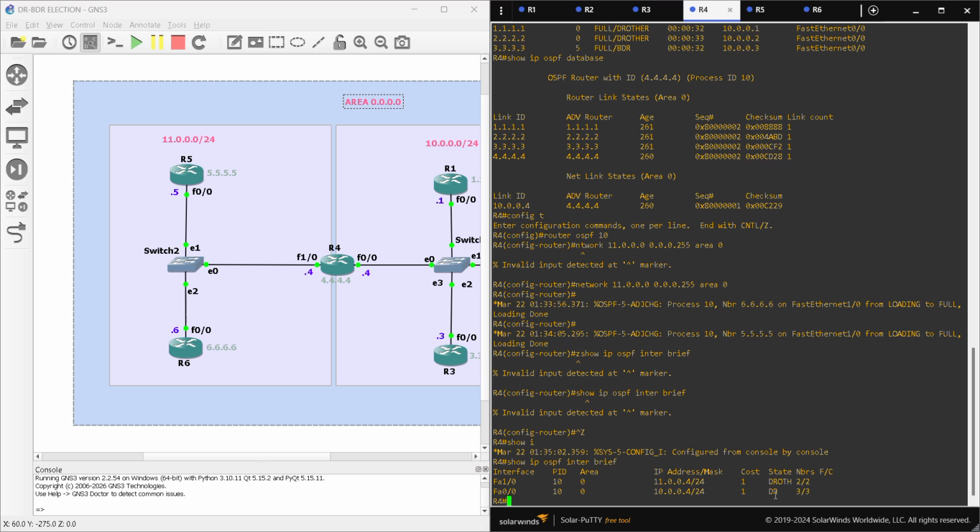So let's check the neighbors. Show ip ospf neighbor.